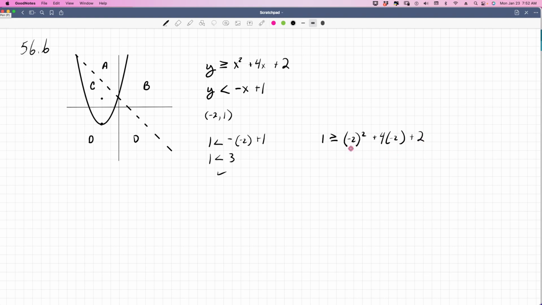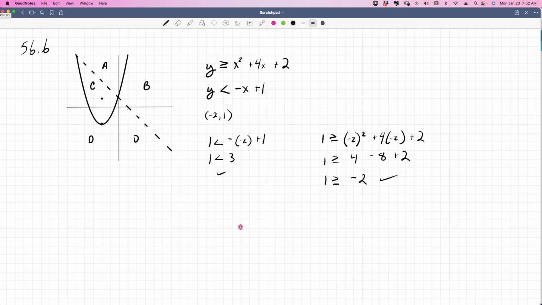So negative 2 squared would be positive 4, minus 8, plus 2. 1 is greater than or equal to negative 4 plus 2, that'd be negative 2. 1 is greater than or equal to negative 2. And that is true.